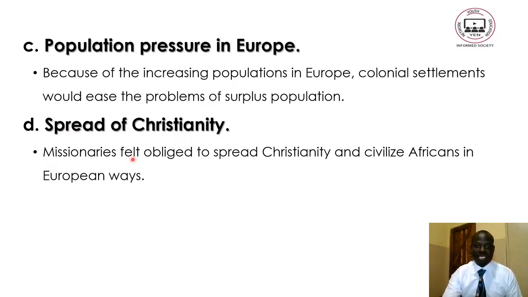Missionaries felt obliged to spread Christianity and civilize Africans in European ways. Mind you, we just looked at the slave trade, which was regarded as an inhuman activity. So with that, they wanted to spread Christianity to civilize Africans so that they should stop participating in slave trade.